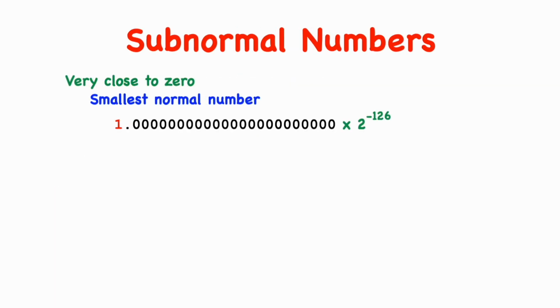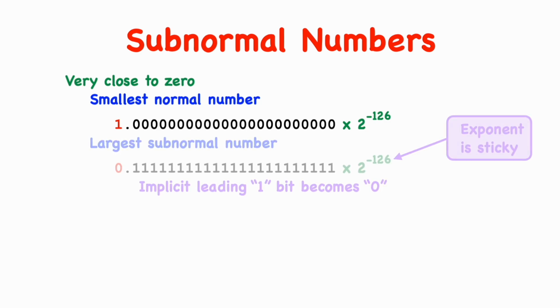Now I want to describe subnormal numbers. Subnormal numbers are also called denormalized numbers, and they're used to represent values that are very close to 0. So here is the smallest normal number. We've got our implicit 1, but the mantissa is all zeros, and we've got the smallest possible exponent, minus 126.